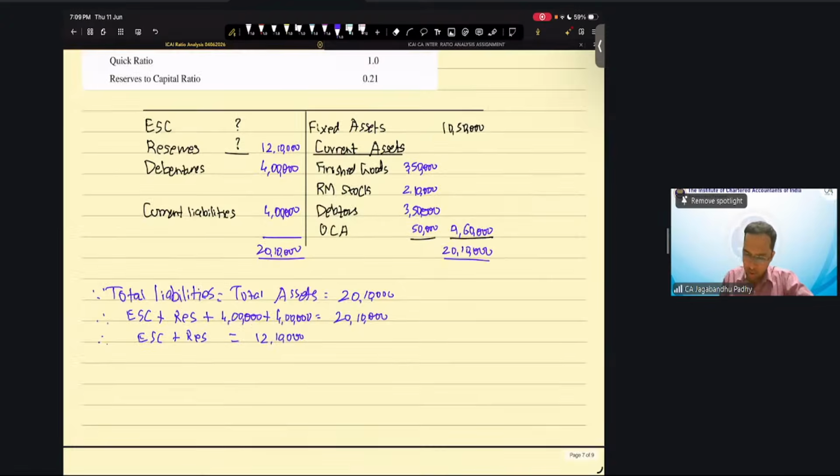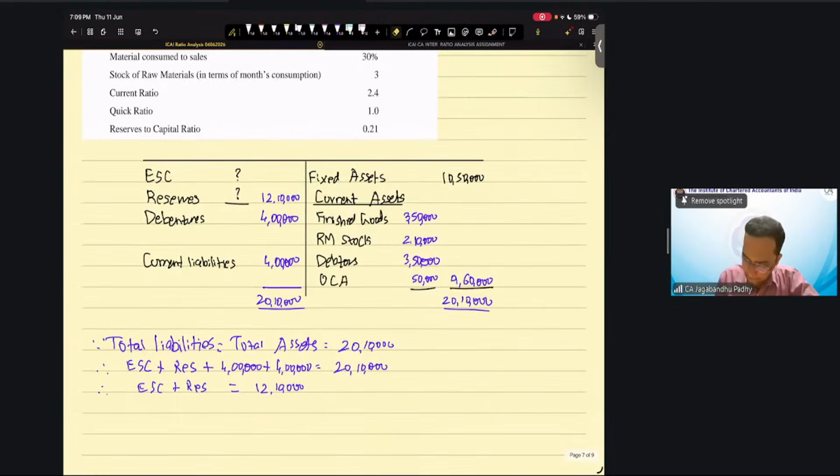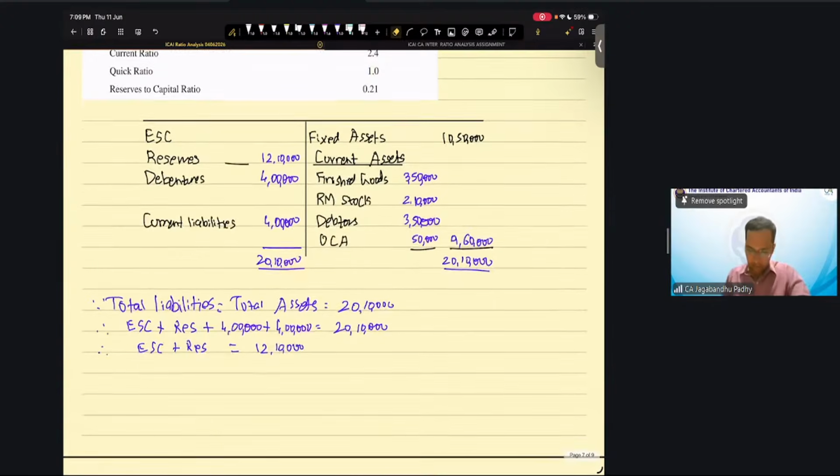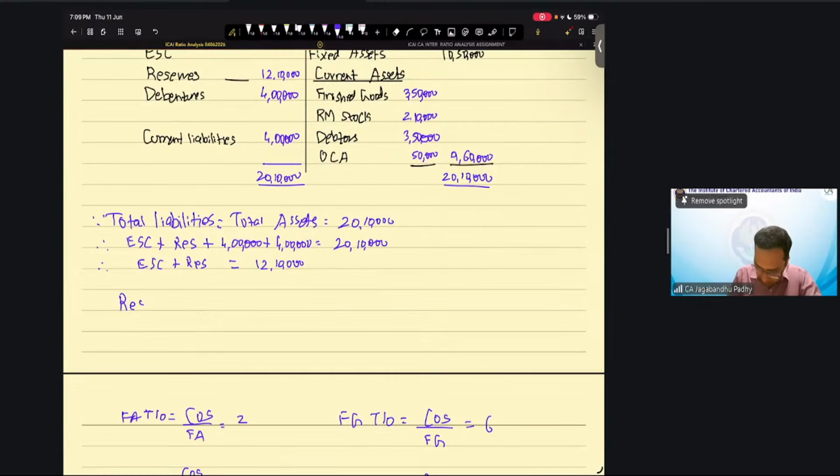Okay, so we got the value of equity share capital plus reserves as 12,10,000. Now, one important part that we're left out to be calculating is reserves to capital ratio is 0.21. So how much will be reserves and how much will be capital? Reserves to capital, they're saying it is 0.21.